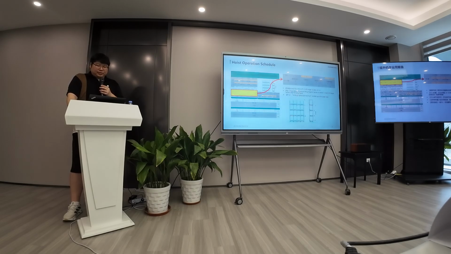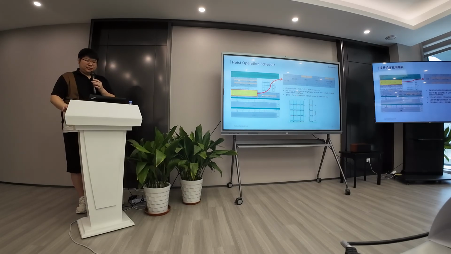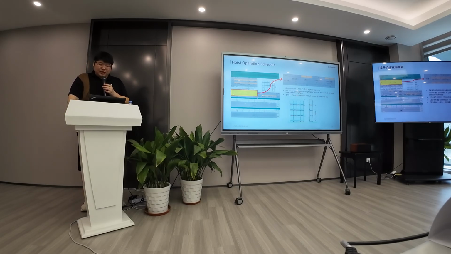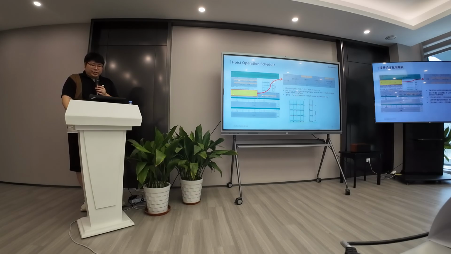And from this part, we can find that this is the basic speed of our lifting platform in the lifting system. So we can change these numbers only if we change the type of our hoist.